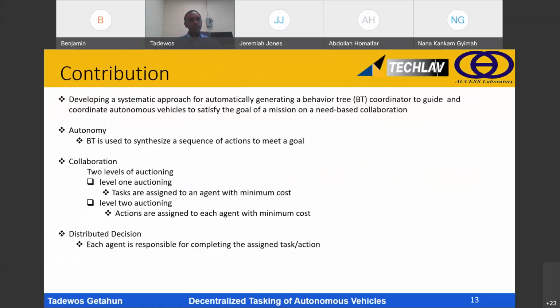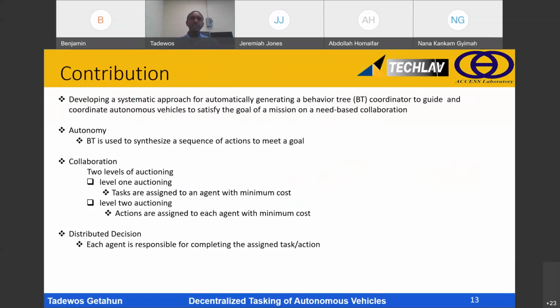So the contribution of our work is we developed a systematic approach for automatically generating a behavior tree coordinator to guide and coordinate autonomous vehicles to satisfy the goal of a mission on a need basis. Here, when we say need-based, if an agent can perform the task by itself, it doesn't have to perform collaboration with other agents.